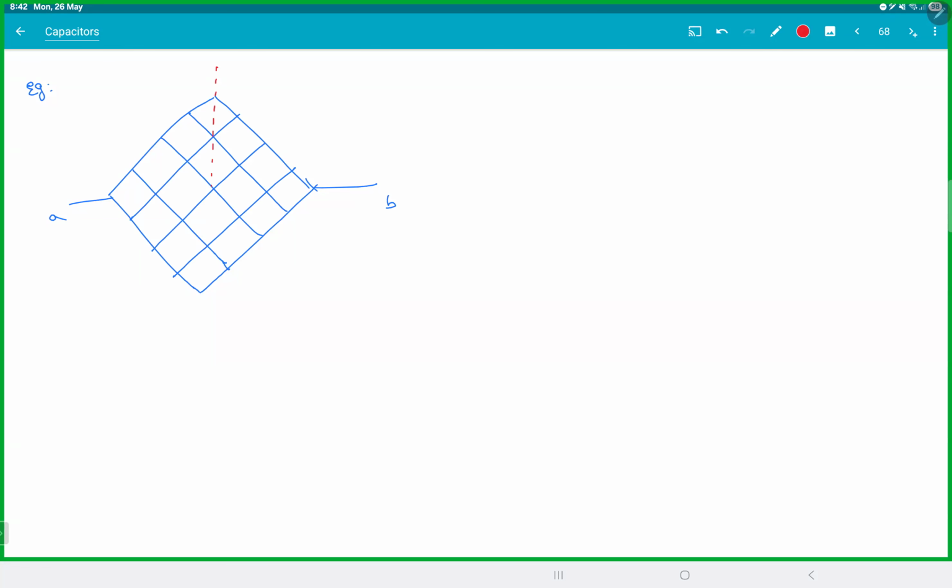So if I drop a line in the middle, do you all agree this is a bisector symmetry? The left and right are mirror images.